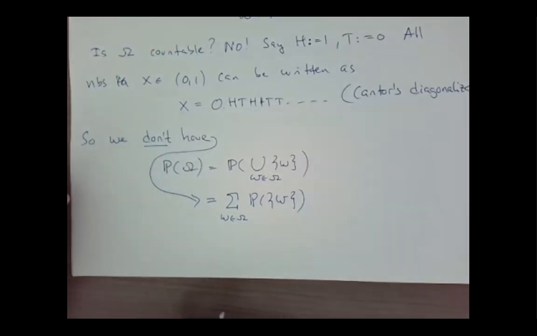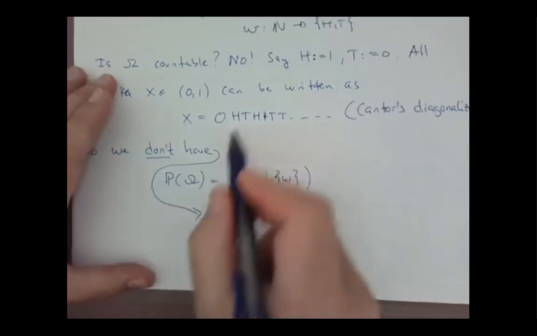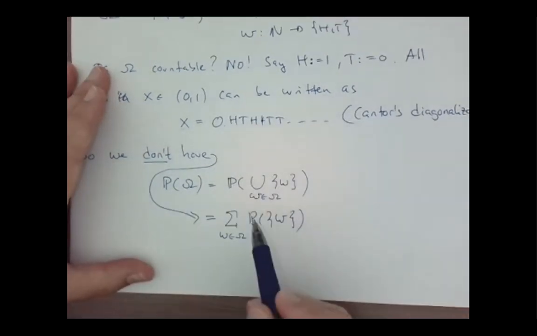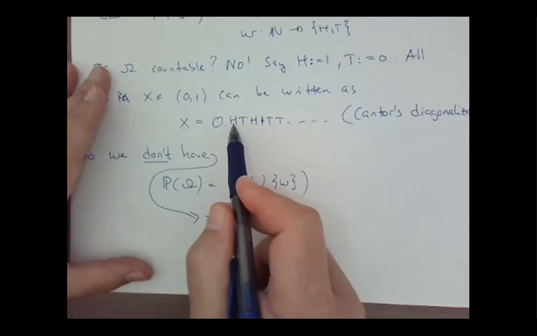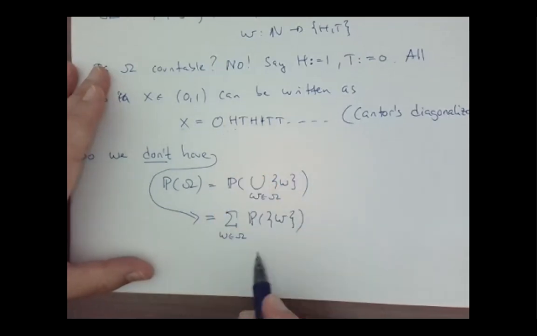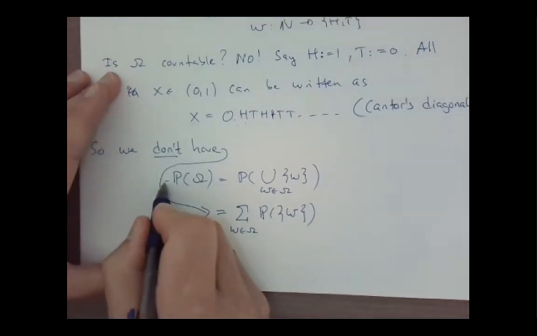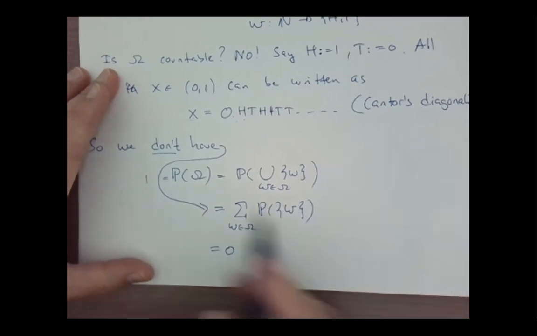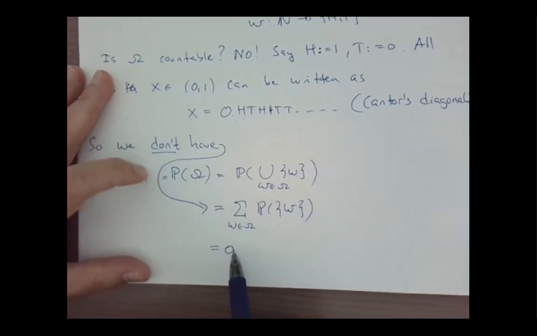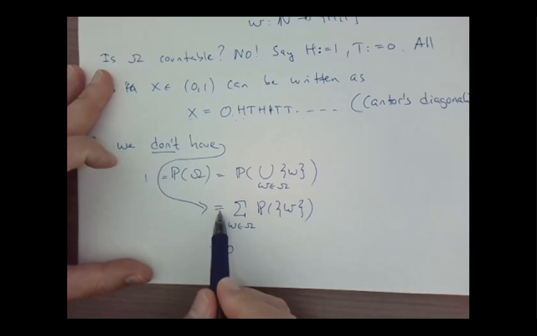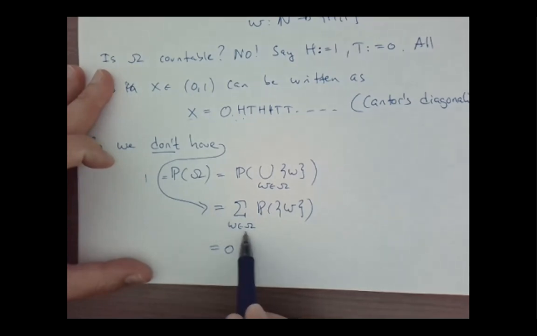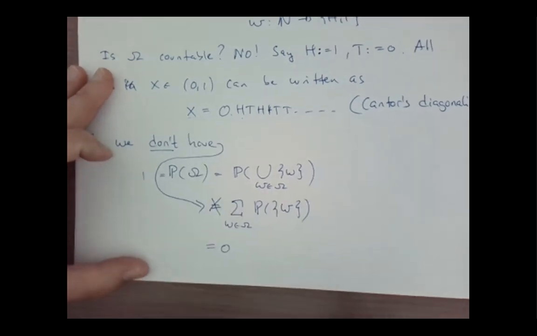I cannot write it like that. Typically, whenever I look at such an infinitely long string, the probabilities of heads and tails are the same, so it's a half times a half, and so on. What I have here is a 0, but on the left-hand side, this is a 1. And the reason that 0 is not equal to 1 is because this middle equality is not true. This equality sign is not true because you have uncountably many elements inside omega.